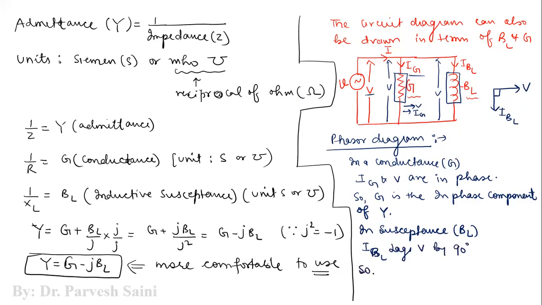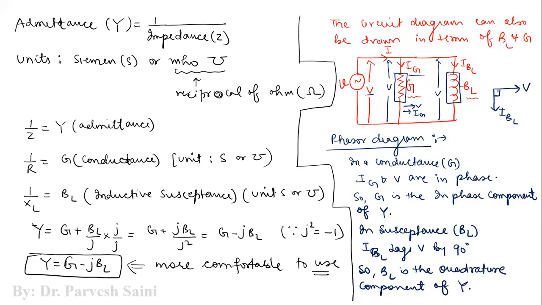So BL is the quadrature component of Y. Quadrature component means the component which is forming the quadratic formation.